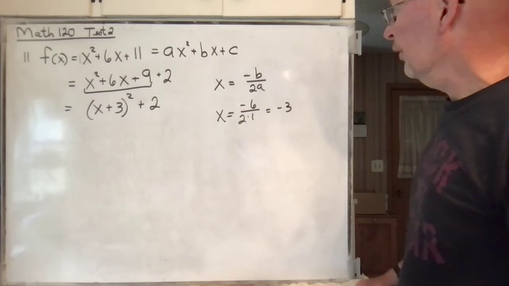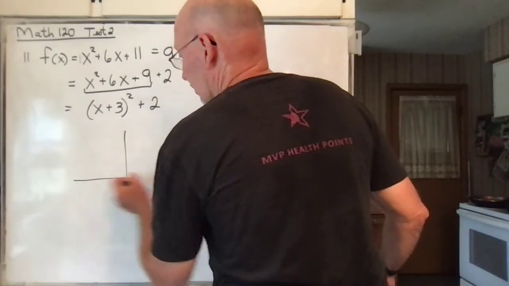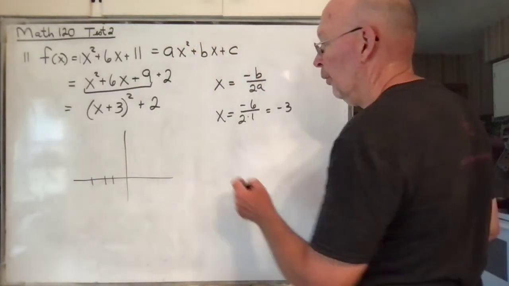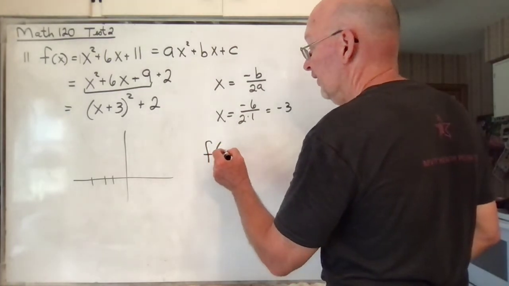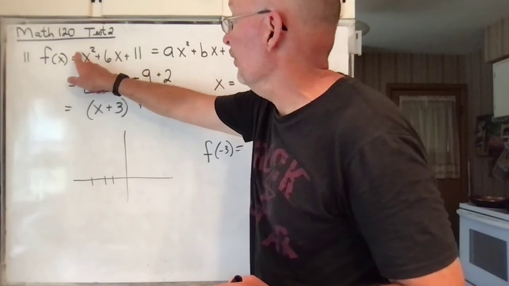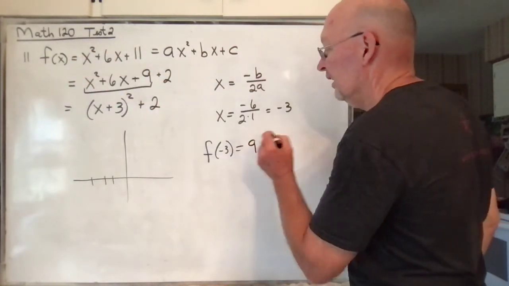And once you have the vertex, then you know that this thing is going to be here at negative 3. Now the question is, what's the y value? And so you just stick it into the function. F of negative 3 is equal to, if I put a negative 3 in here, I'm going to get negative 3 squared is going to be 9.